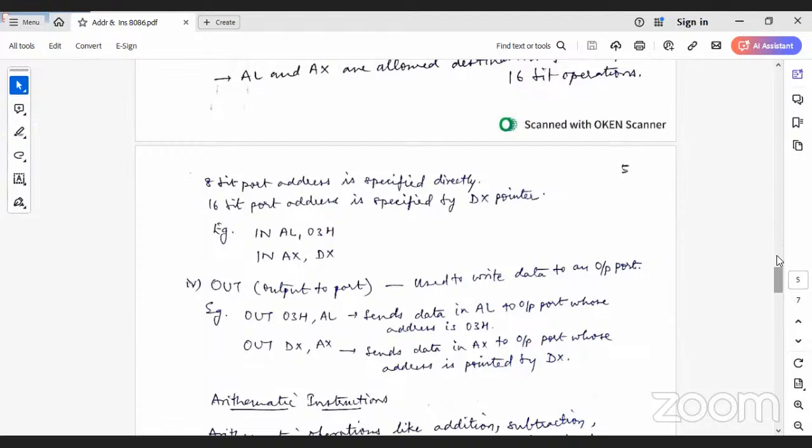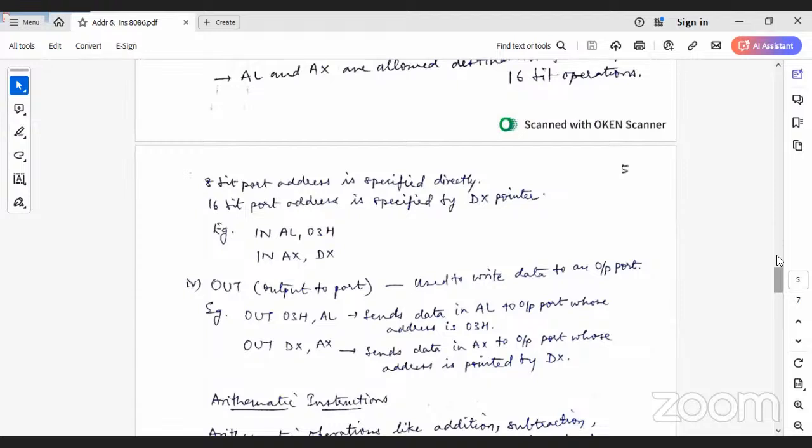That is why you have to specify the address of the port. So it is used to write the data to an output port. So OUT 03H, AL: whatever data is present in the AL register will be written onto the output port whose address is 03H. That is what it means. So I think there is no confusion.